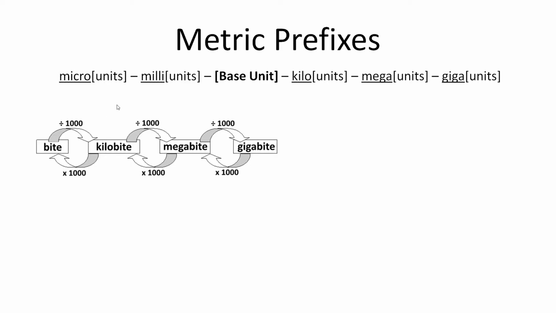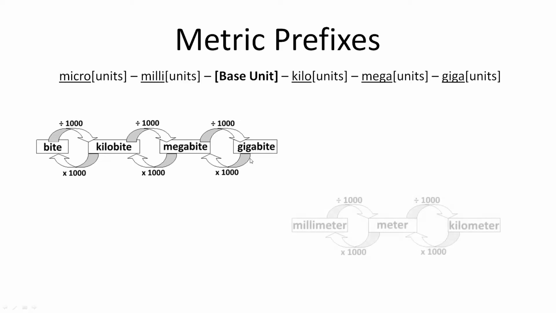Where have we seen this before? Oh, look, a byte. And 1,000 bytes is a kilobyte. Yes, I know, for the purists out there, it's 1024. We can use the 1,000 divided by 1,000 as a good approximation. They do that when they're selling hard drives anyway. So 1,000 bytes in a kilobyte, 1,000 kilobytes in a megabyte, 1,000 megabytes in a gigabyte.